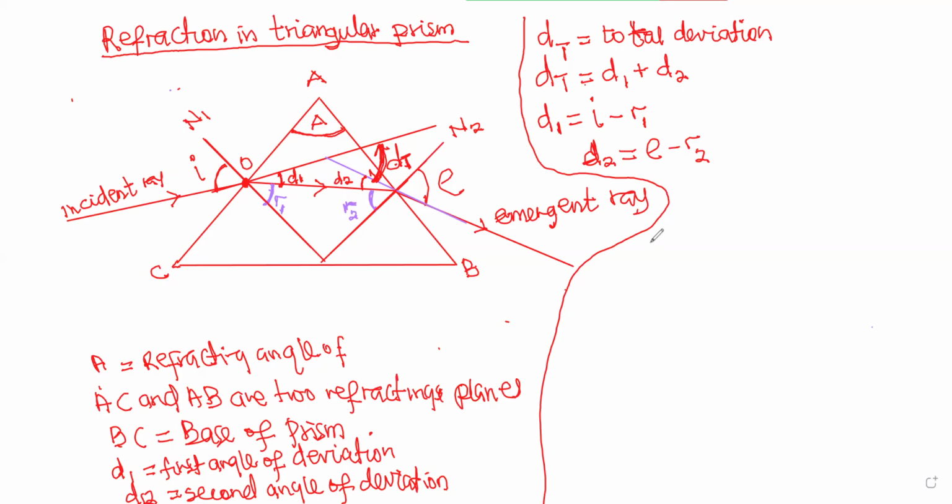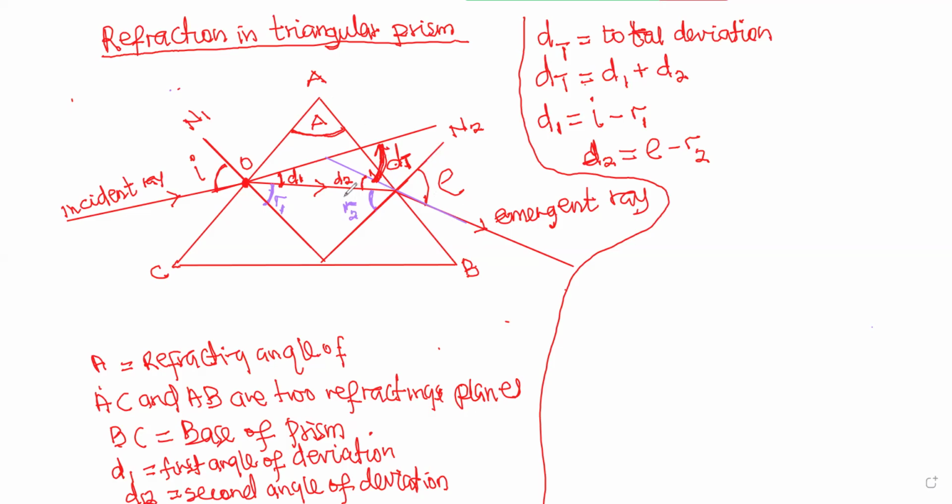Please, I have a question. How was the emergent ray formed? So when the ray enters the prism, it comes out from the prism through this other plane AB.